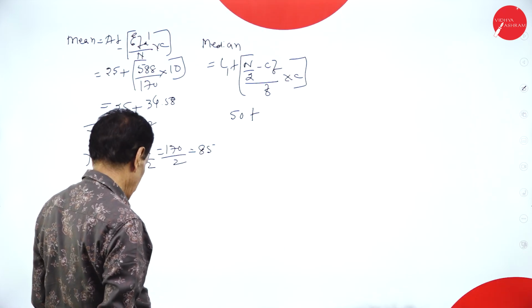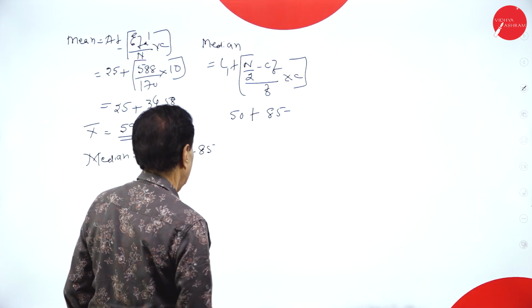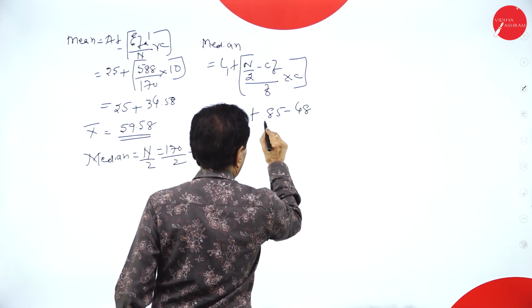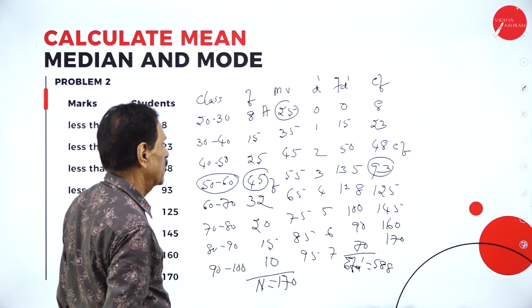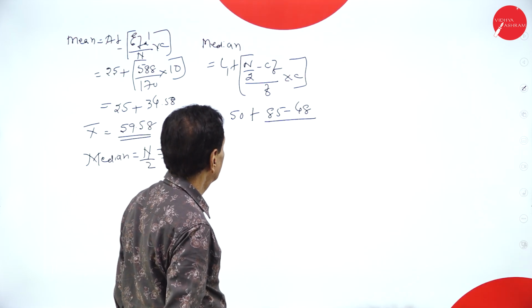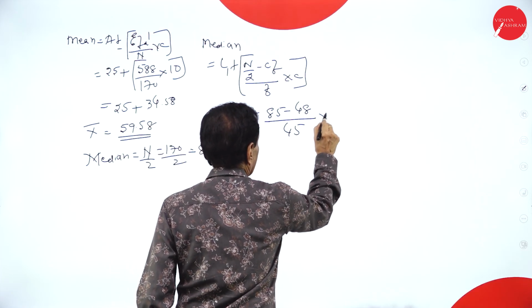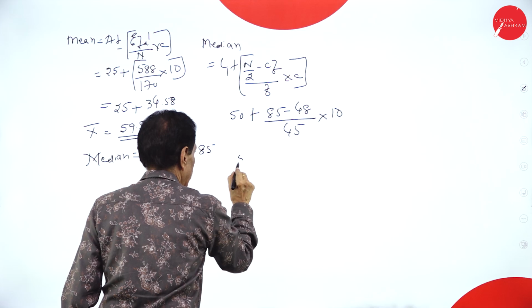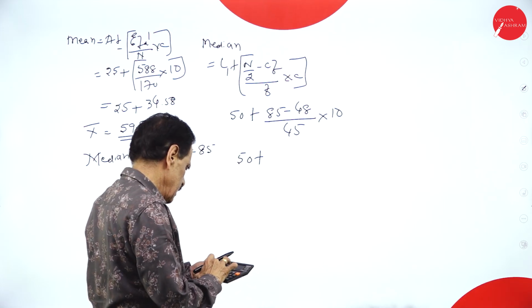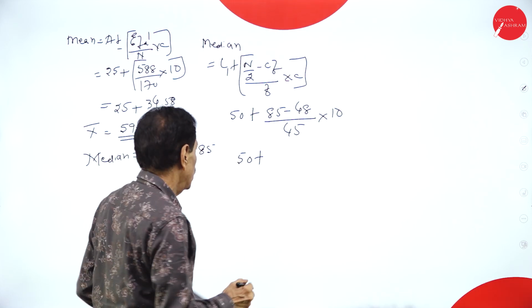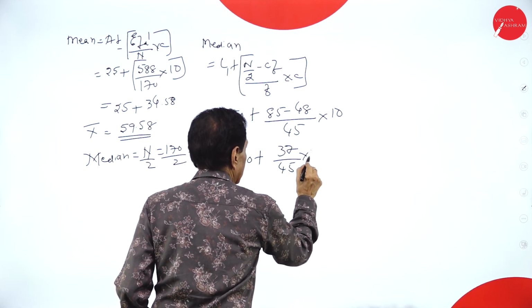N by 2 is 85. 85 minus your CF is 48, divided by frequency 45, into class interval 10. 85 minus 48 is equal to 37, divided by 45 into 10.